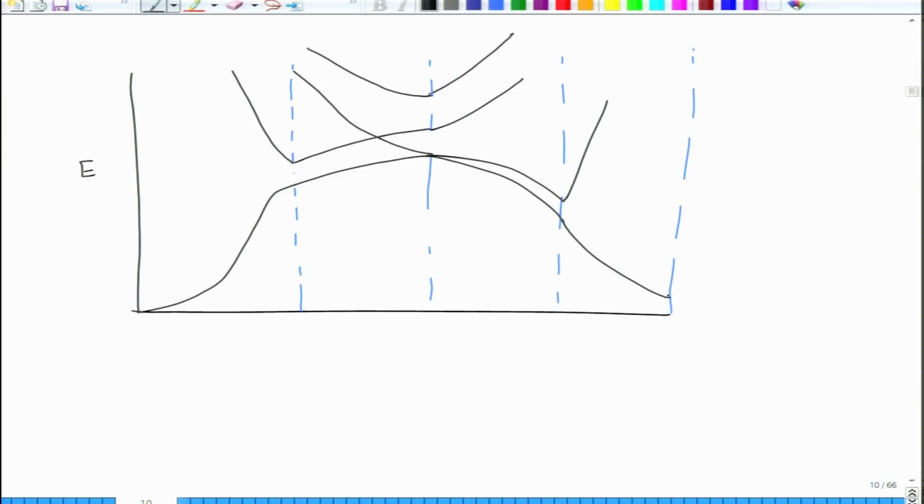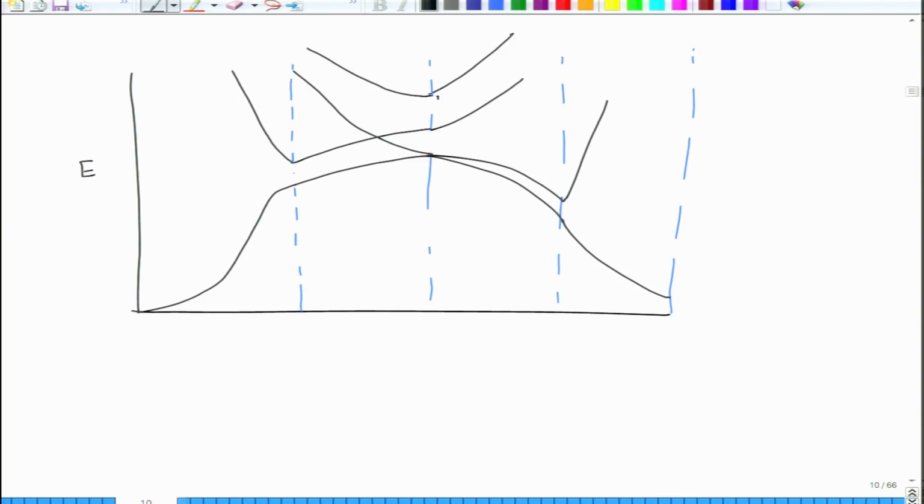Now you can see that although there are certain discontinuities in the energy space here, there are certain energy states which are continuous across the energy spectrum. You have certain gaps here, you have a gap here, you have a gap here, but at the same time you always find a continuity. So this energy state is continuous, this energy state is continuous, and this energy state is continuous, which provides a path between these energy states. So there is a connectivity in the energy states.